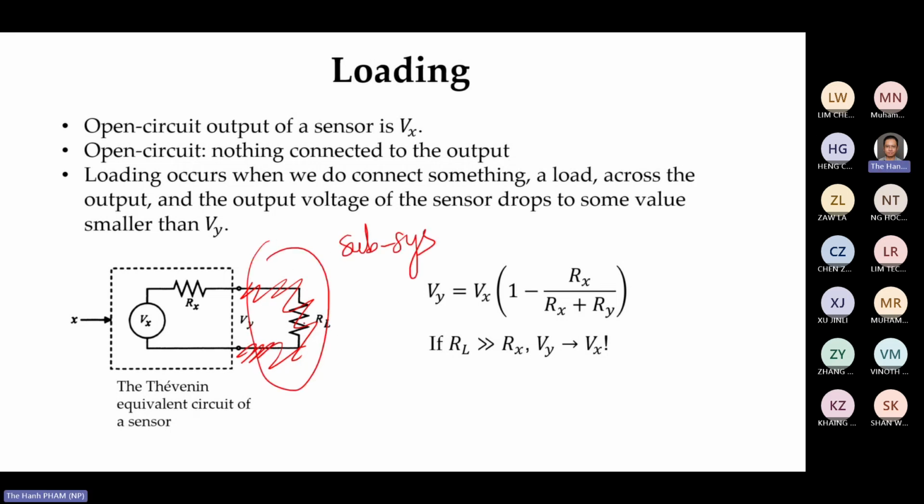This one is another subsystem. Suppose you don't have this subsystem, you measure the open circuit voltage over these 2 points, you should have Vx. And then Rx doesn't matter because you measure the open circuit, right? Correct?